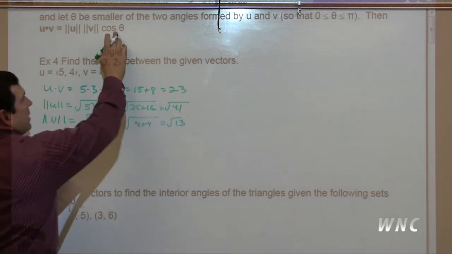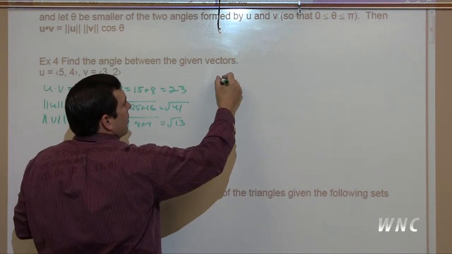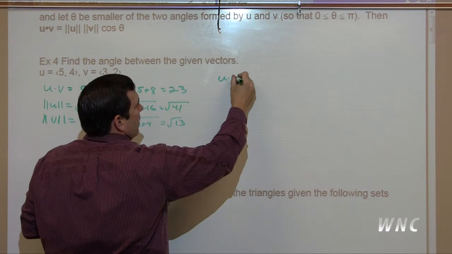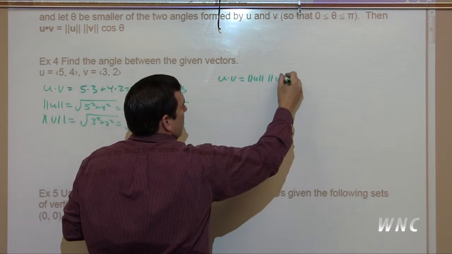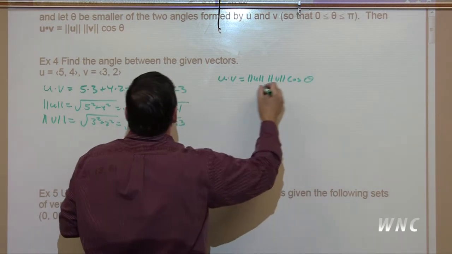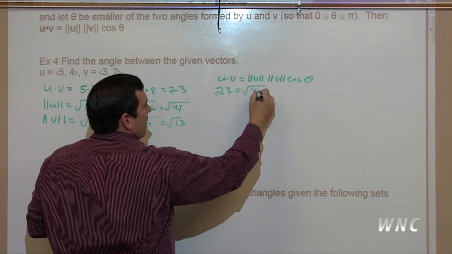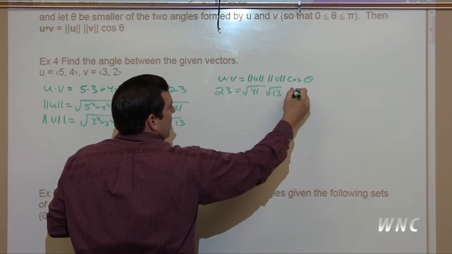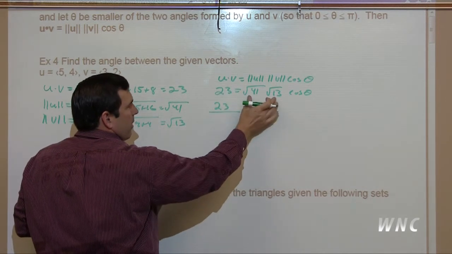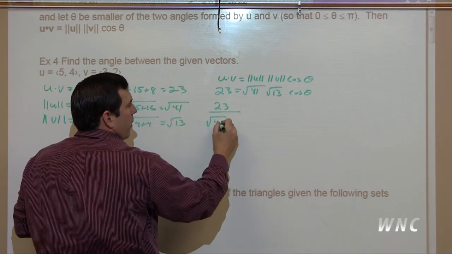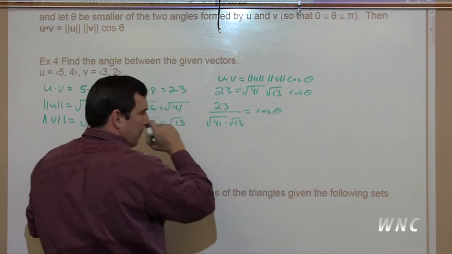So what we want to find is this cosine theta, or actually just want to find theta. So we have u dot v equals the magnitude of u times the magnitude of v times cosine theta. What we have is 23 equals the square root of 41 times the square root of 13 times cosine theta. So 23 over the square root of 41 times the square root of 13 equals cosine theta.